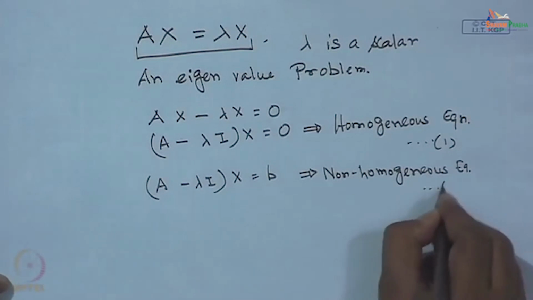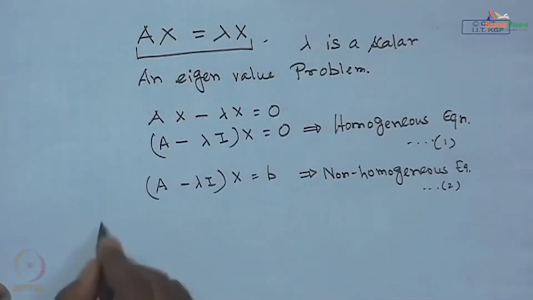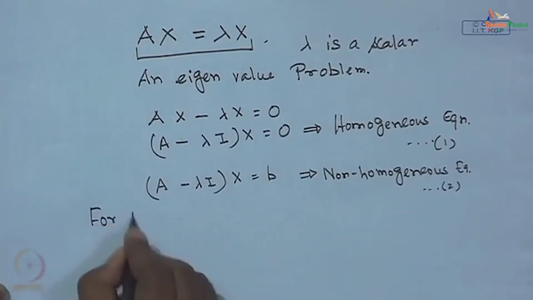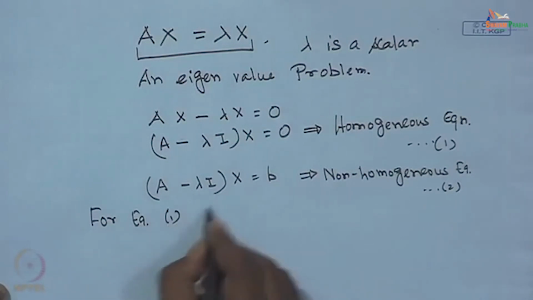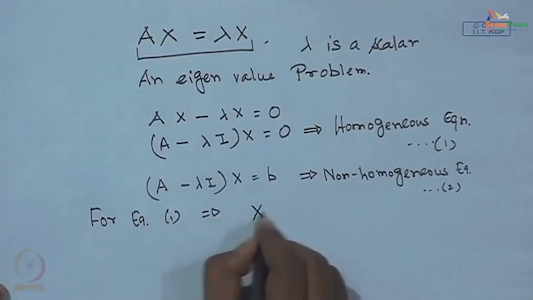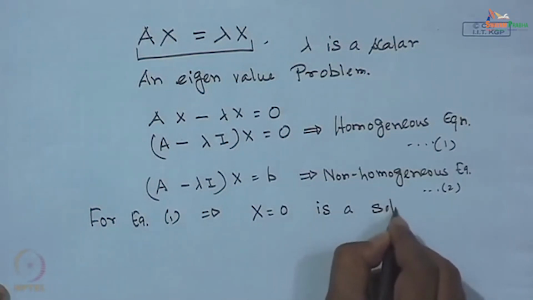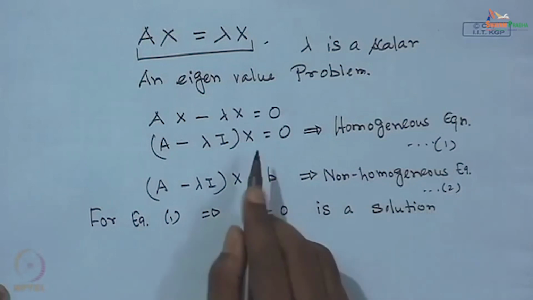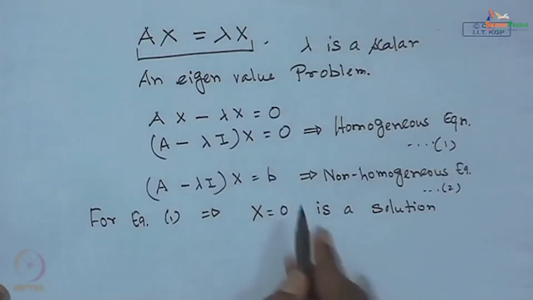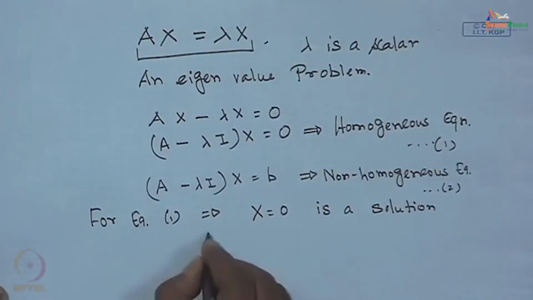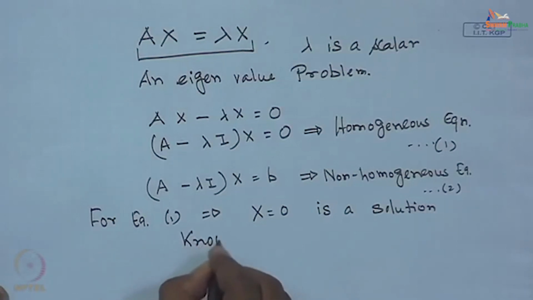Now, for equation 1, x is equal to 0 is a solution. Of course, if x is equal to 0, then that is a solution, and this is known as a trivial solution.